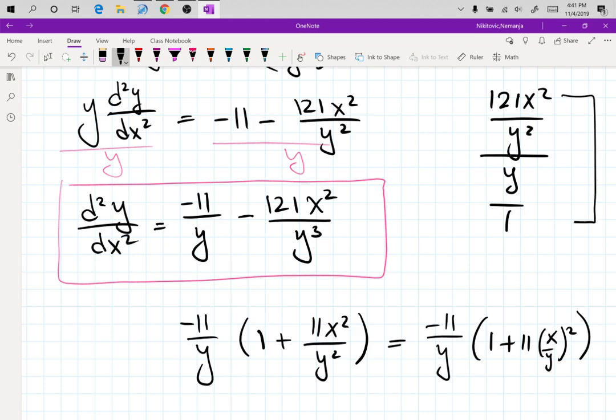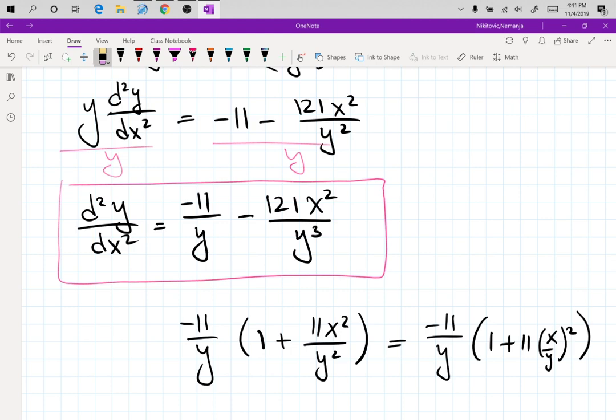So these guys multiply on top, these guys multiply on the bottom. So it's already divided by y squared, and you're dividing it one more time by y, so that's altogether y cubed. So I would call this the boss over here.